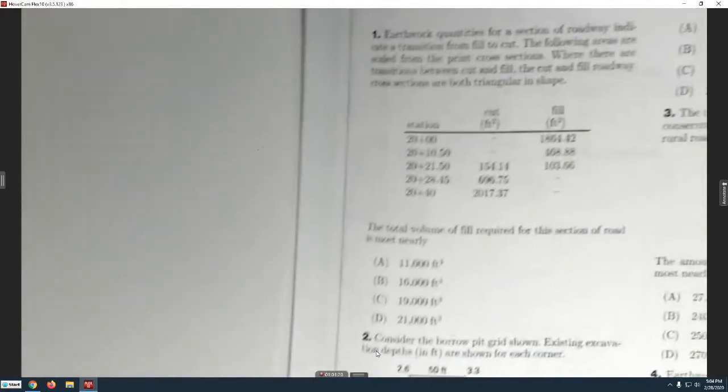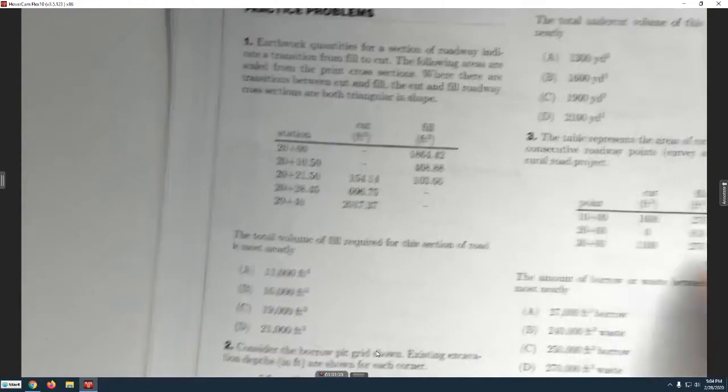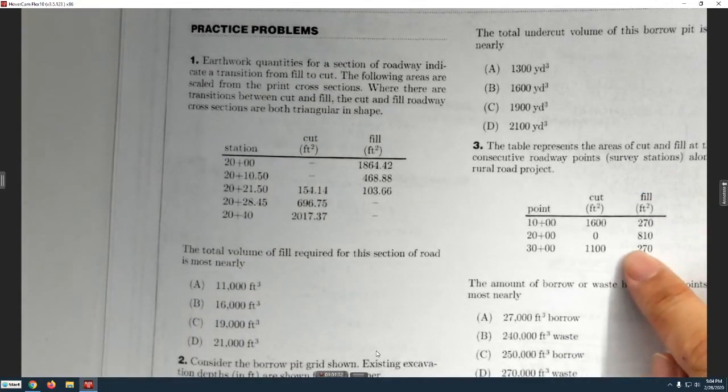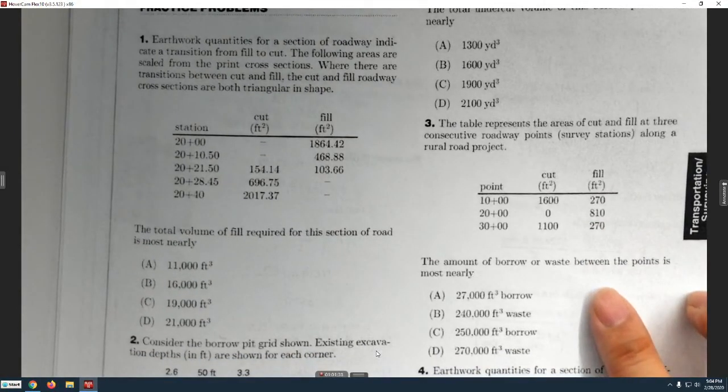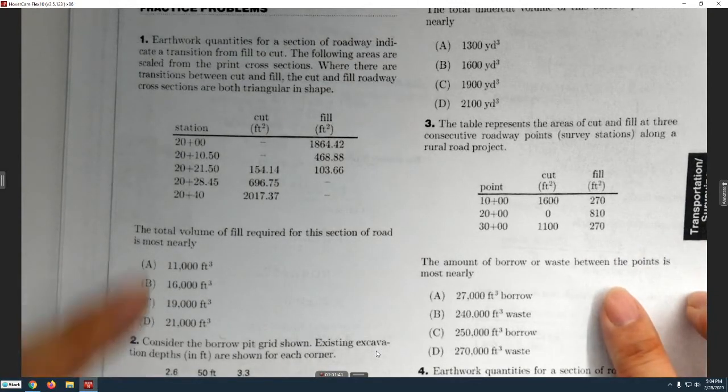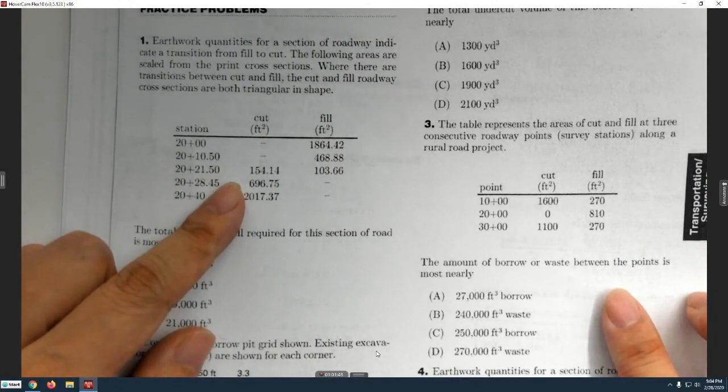Question 3. The table represents the area of cut and fill of 3 consecutive roadway points along a rural road project. The amount of borrow or waste between these is very similar to the first question. You need to do the calculation of volume, cut volume and fill volume. Okay.